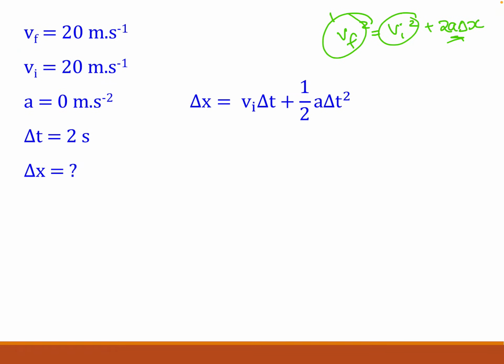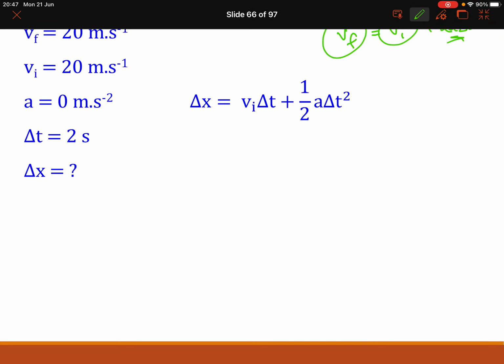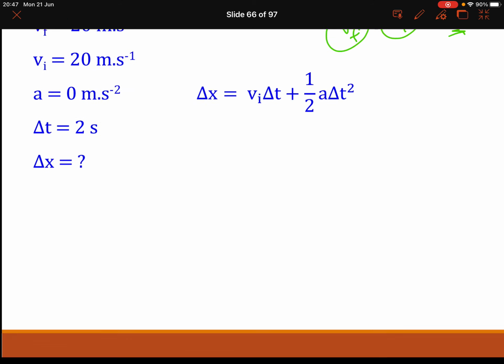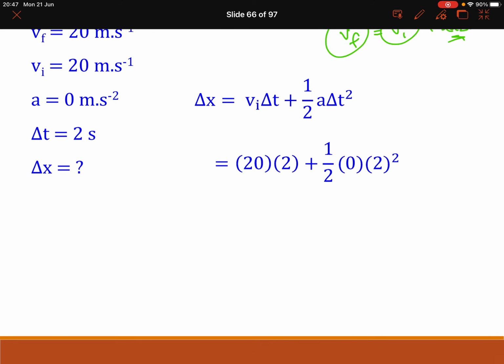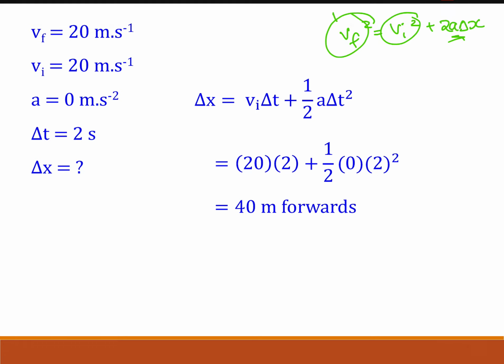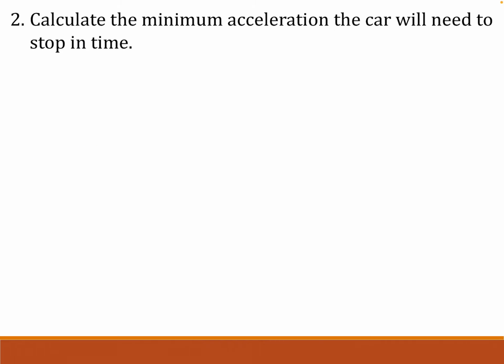We put in what we know. That gives us 40 meters. So even though he's got 140 meters to go, 40 meters is traveled before he even thinks about slamming on the brakes.